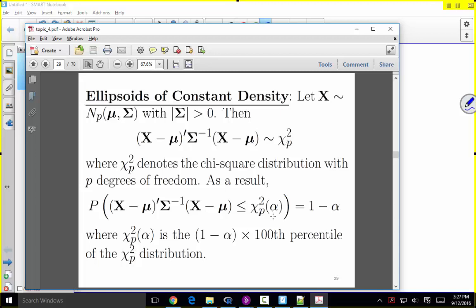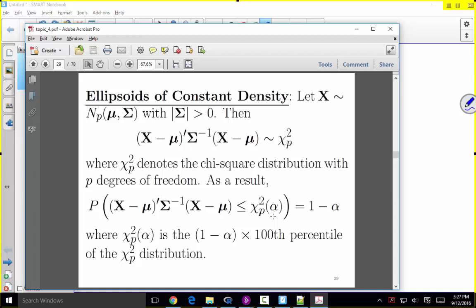That's like a z alpha critical value or a t alpha critical value from Stat 101. When we say chi-square p alpha, what we mean is the number that puts alpha to the right in this distribution. Go to the chi-square p.